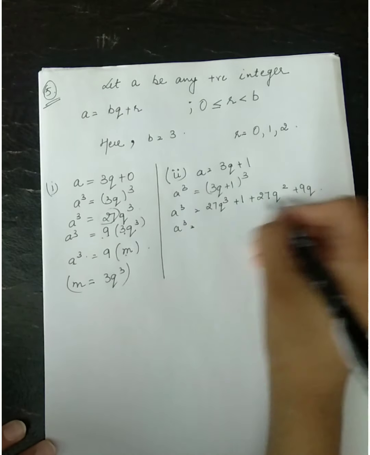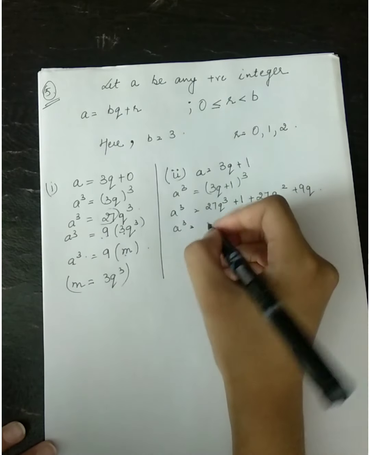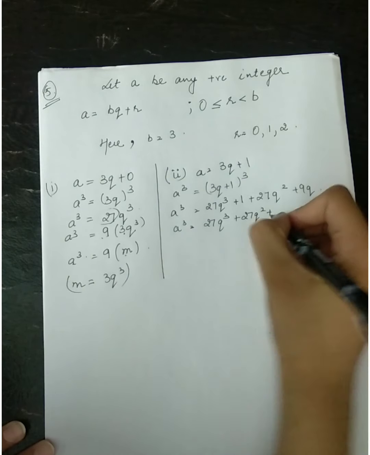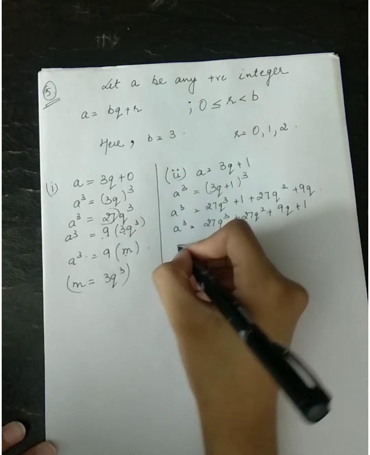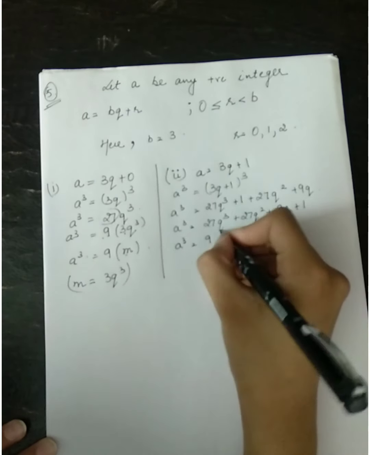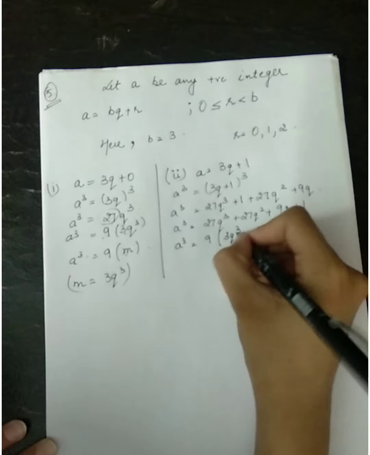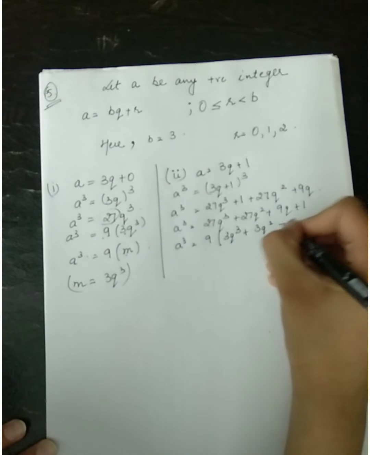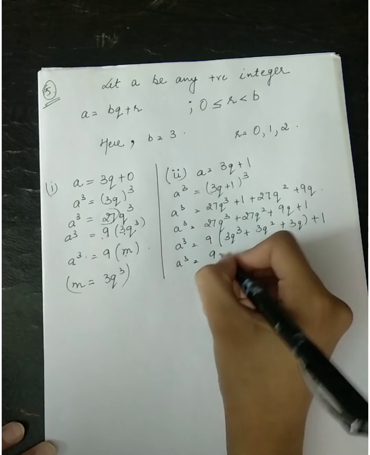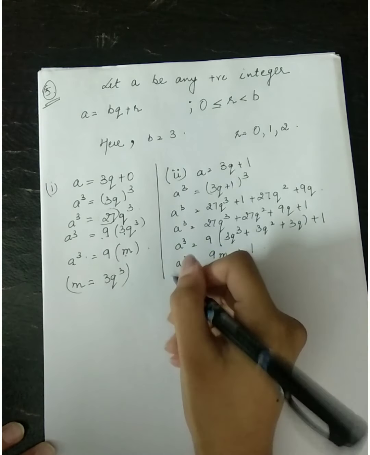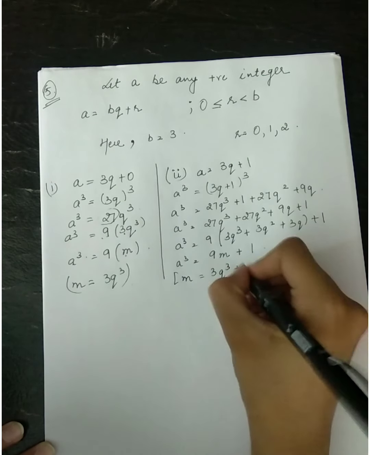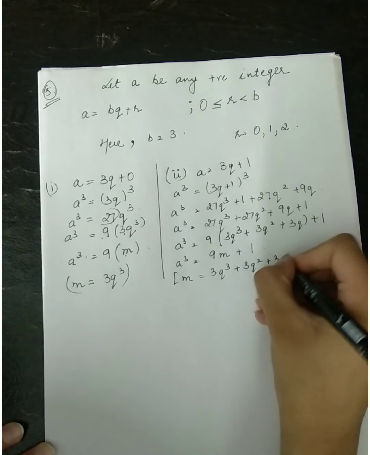Now we will arrange this in a particular form: 27q cube plus 27q square plus 9q plus 1. Now, A cube is equal to 9, we will be taking common from this, 9 multiplied by 3q cube plus 3q square plus q plus 1/9. A cube is equal to 9m plus 1. Why? Because m is equal to 3q cube plus 3q square plus q.